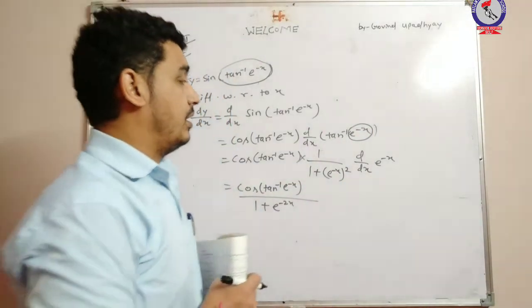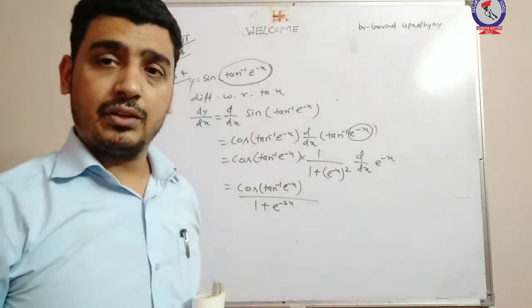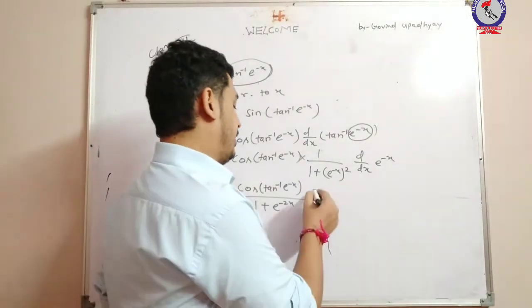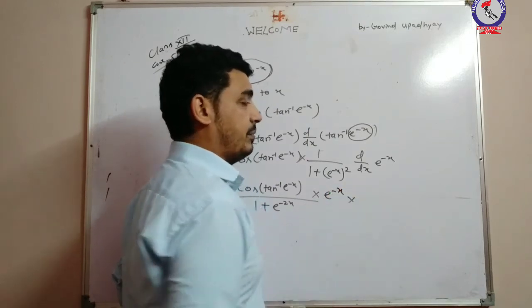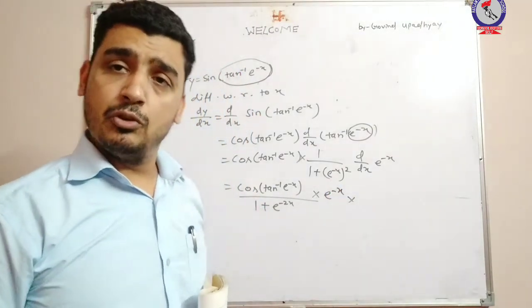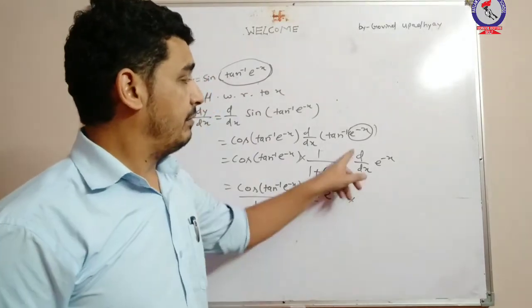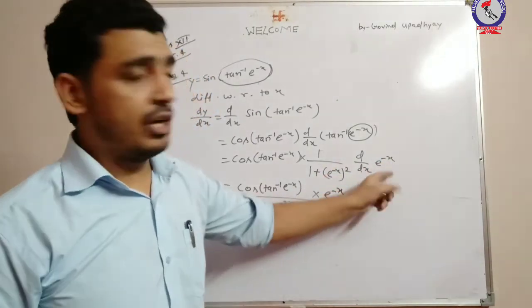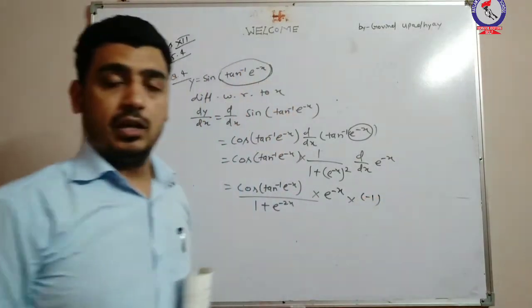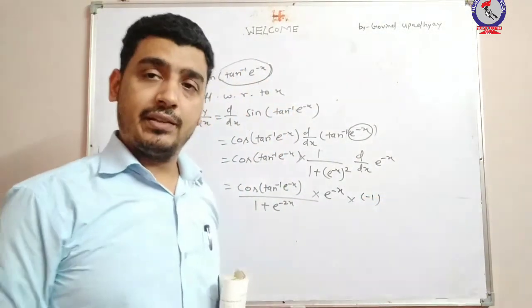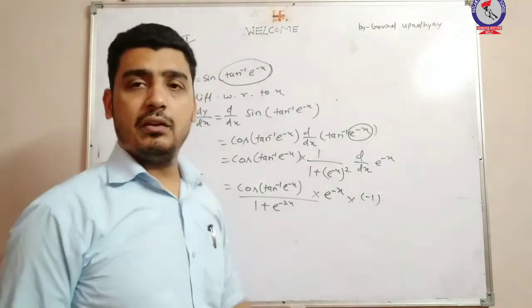Okay. And d by dx of e to the power minus x. What will happen here? Again, it will respond to e to the power minus x. Because differentiate of e to the power x is e to the power x only. So it will respond like same. But differentiate of minus x, then it will give minus 1. Because d by dx of x is 1 and minus will be here.